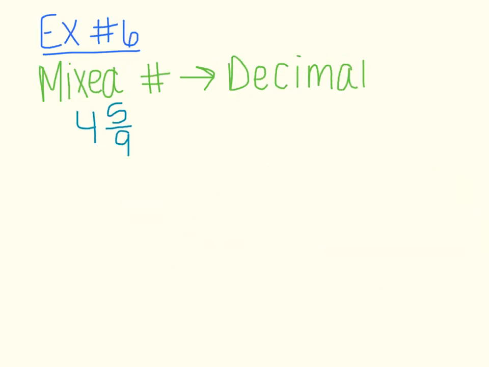Example number 6, going from a mixed number to a decimal. So, whole number stays the same.